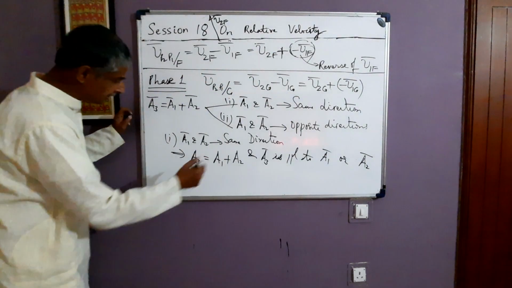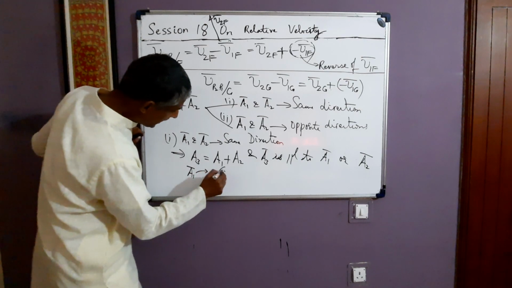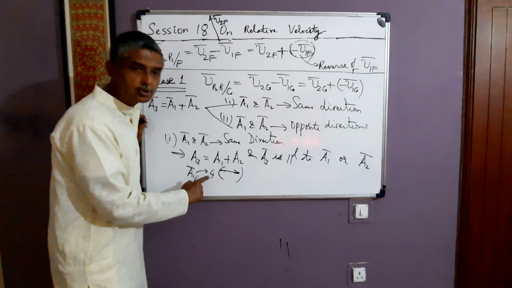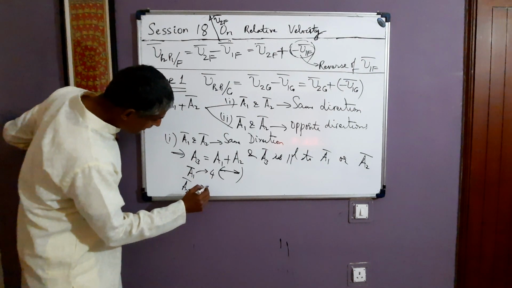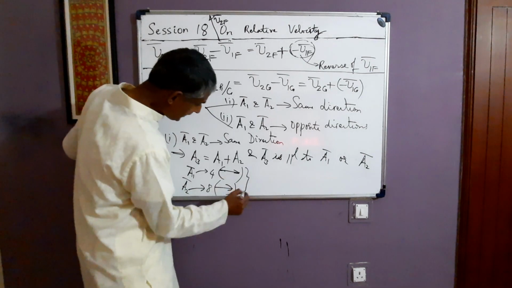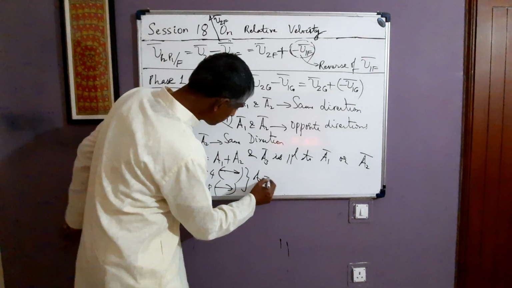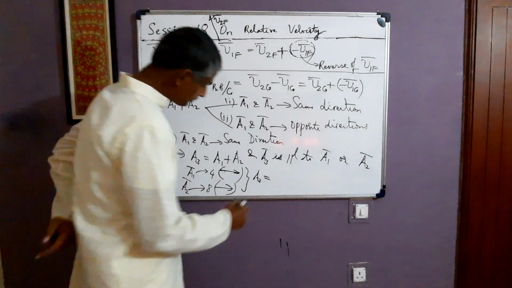Okay. So for example, suppose the magnitude of vector A1 is 4 units and it has the rightward direction. This arrow means rightward direction and this 4 means the magnitude of vector A1. And suppose the magnitude of vector A2 is 8 units and this also has the rightward direction. So in this case, A3, which is the vector sum of A1 and A2, will have a magnitude equal to the sum of the magnitudes of A1 and A2.